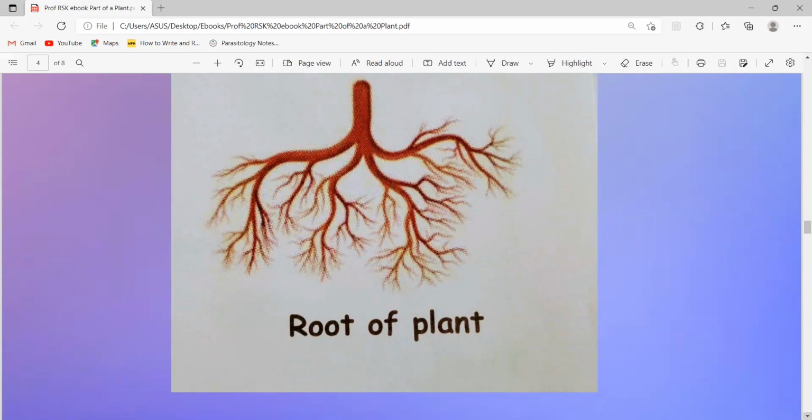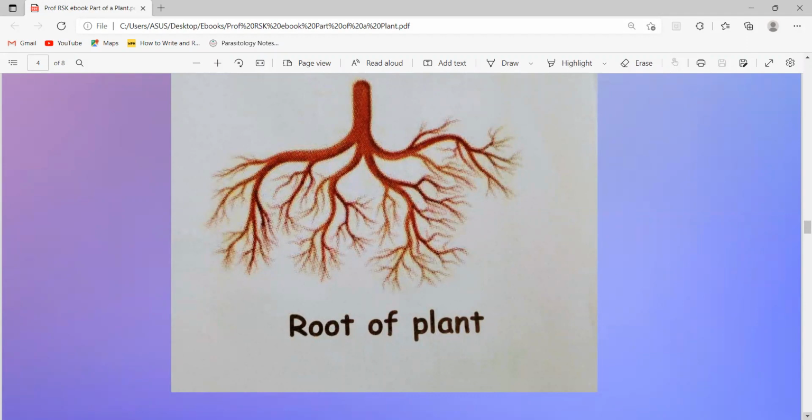The tap root penetrates deep into the soil, whilst the shallow root or the fibrous root only hovers within the surface of the soil. Examples of plants with tap roots include the neem tree and the mango tree, so we are talking about big plants. You can list some of them.